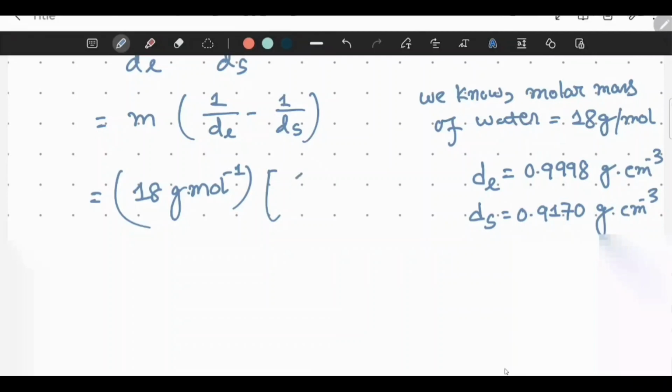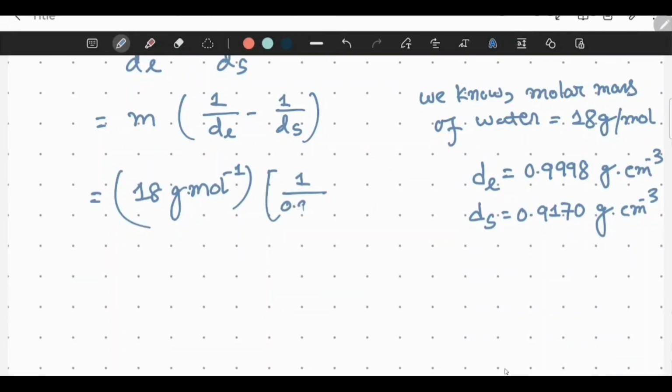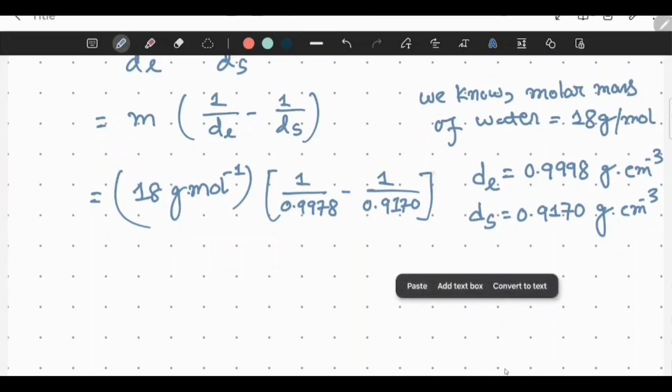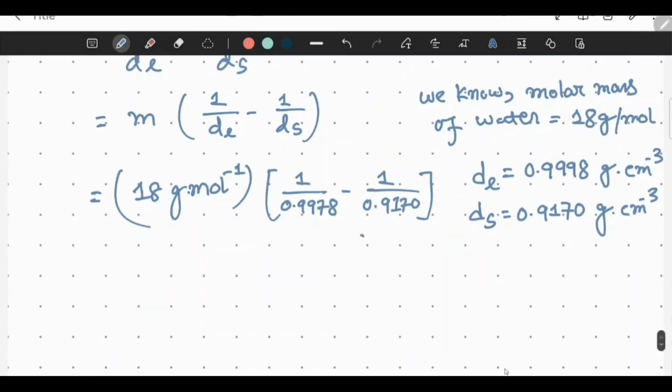So it is 1 by 0.9978 minus 1 by 0.9170. And what will be the unit? Just reverse, that means the unit will be gram inverse centimeter cube.